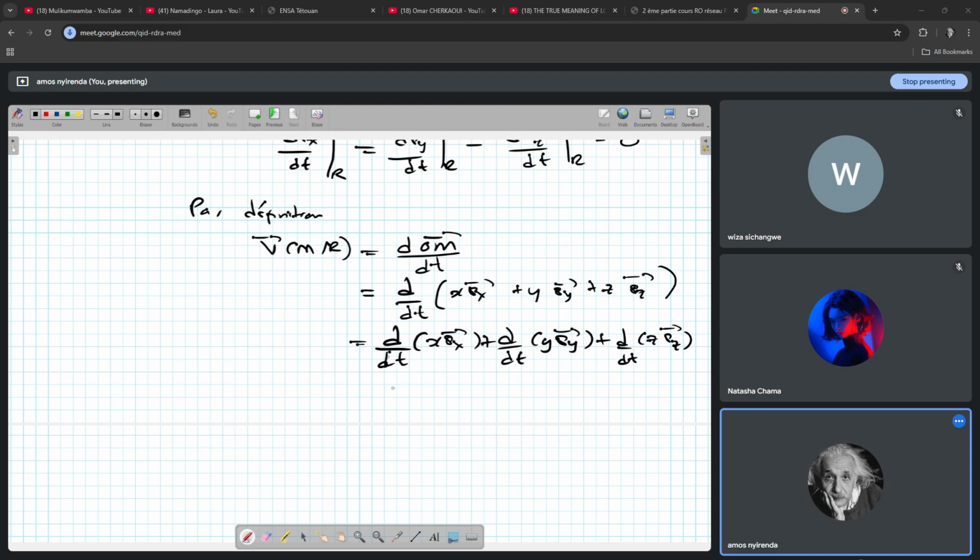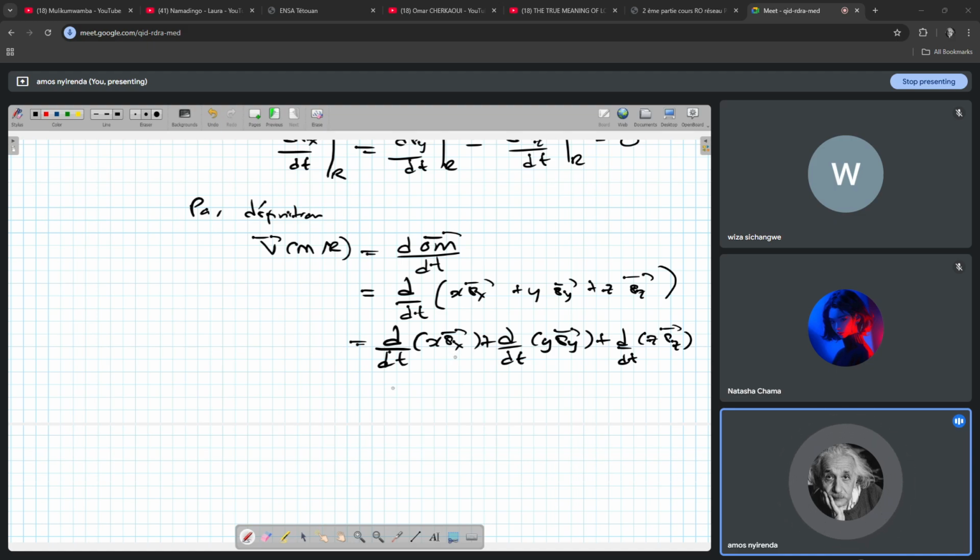So remember, x is a scalar function, and EX is a vector function. Same, y is a scalar function, EY is a vector function. Même chose, z is a scalar function, EZ is a vector function. And so we have a product of two functions here.